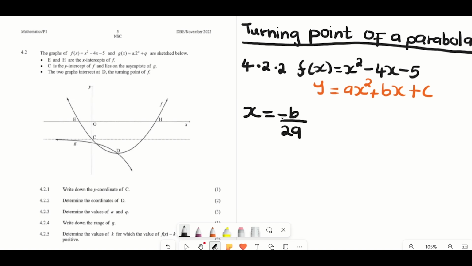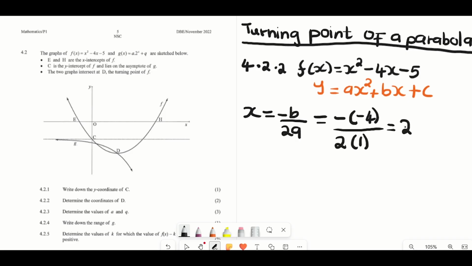We find the x value of the turning point. What is our b? Our b is minus 4. So we first write minus, then we substitute our minus 4. Very important to pay attention to your signs. We have 2 and our a is positive 1. Then we're gonna have negative times negative, which is positive 4 divided by 2. Then we end up with 2.